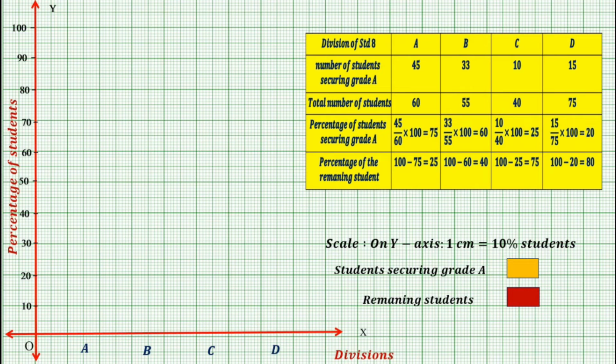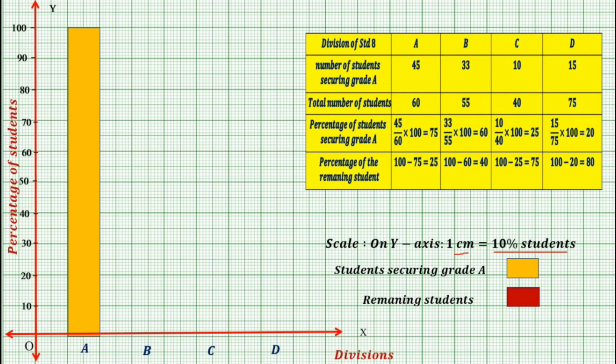On the y axis, 1 centimeter represents 10% of students. Now you will see how much percentage the A division is securing.